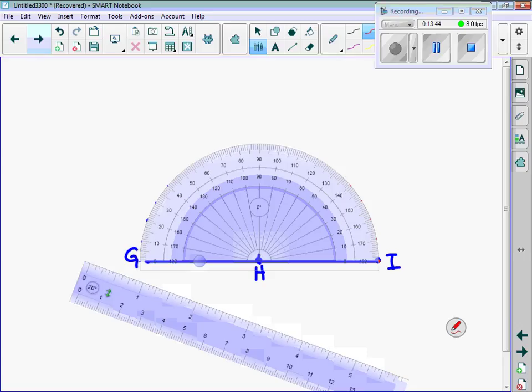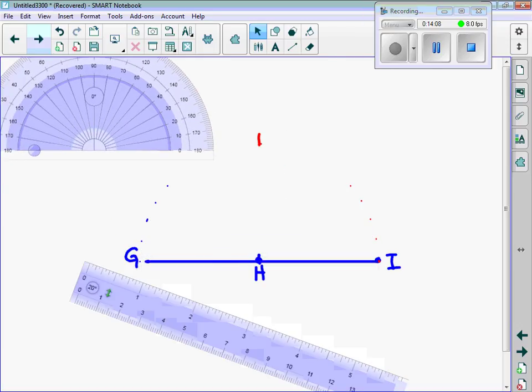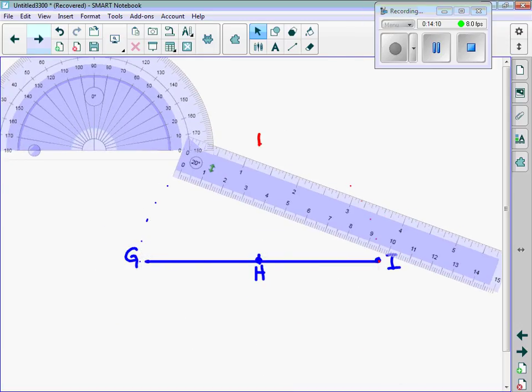So perpendicular lines are 90 degrees in direction from each other. To make a line that's going 90 degrees from line GI, I am just going to put a little mark up here at my 90. Yeah, right about there. Now I can move my protractor out of the way. I'm going to take my straight edge or my ruler.